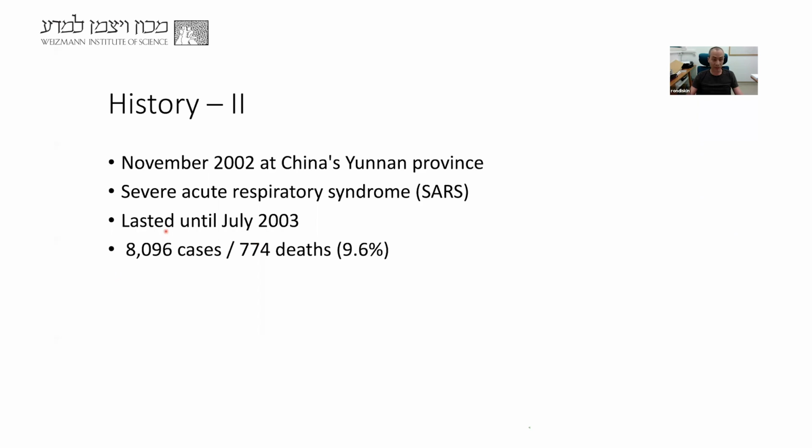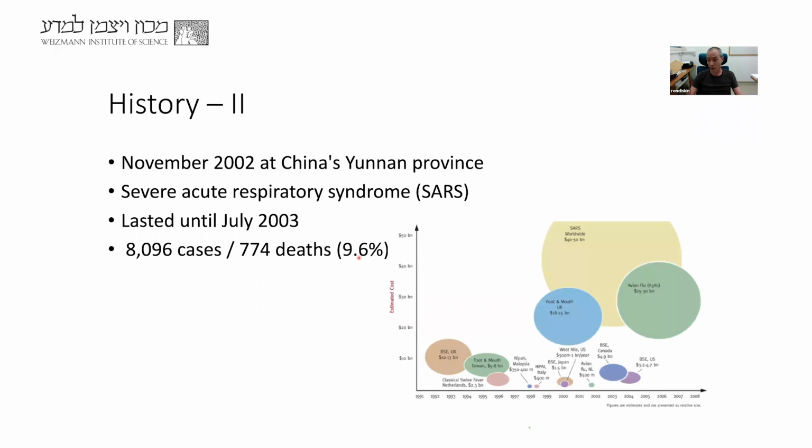There were about 8,000 cases, almost 800 death-related cases, which gives a mortality rate of almost 10%. And the economic burden was quite significant. You can see it here, it was estimated to be around $50 billion. Of course, we estimate the current situation to be much more costly. So that was the first emergence of a really deadly coronavirus.